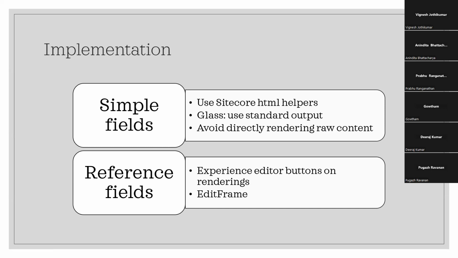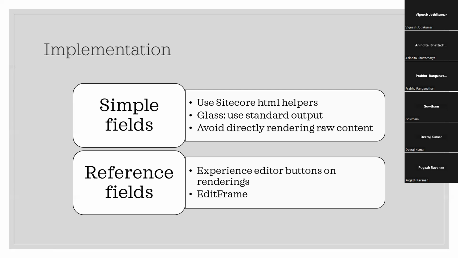Now, I know that based on business logic, sometimes you cannot avoid rendering raw content, but as a practice, obviously you want to avoid doing that, because as soon as you do that, you lose your experience editor editability.